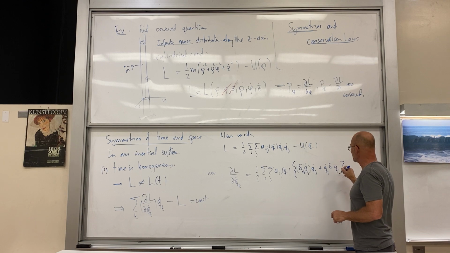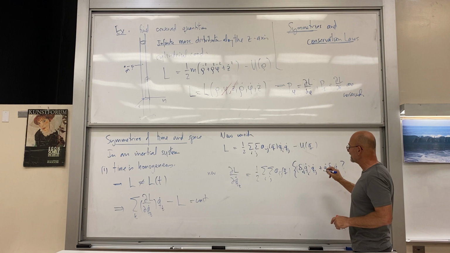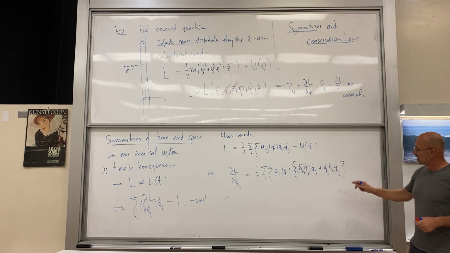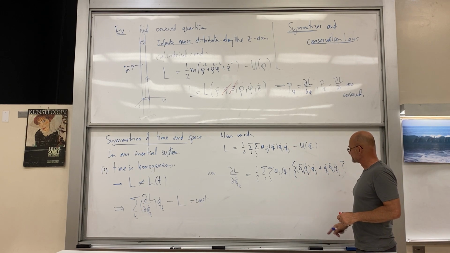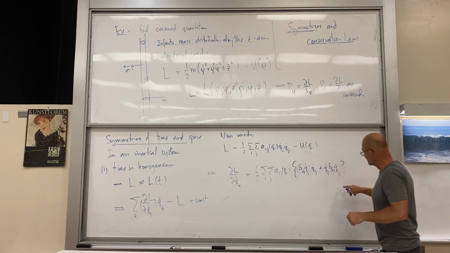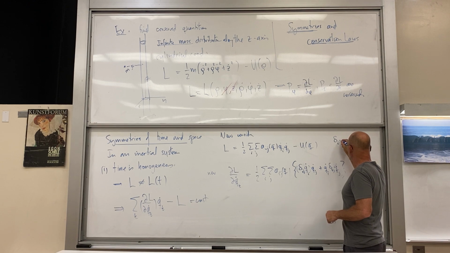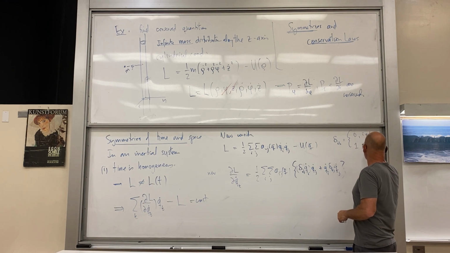And here we have the q_j dot delta_kj. Once more with feeling. So with the Kronecker delta, when i is equal to k, I have a non-zero term, so that'll replace that with a k, and ditto for here. Remember, Kronecker delta_ik is equal to 0 if i is not equal to k, and 1 if i is equal to k.